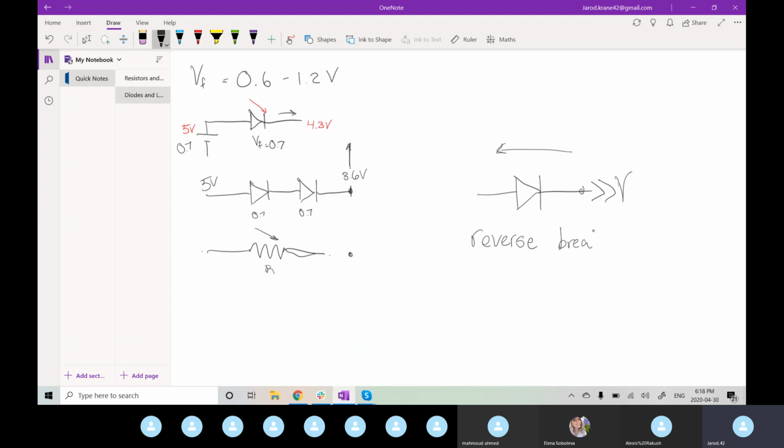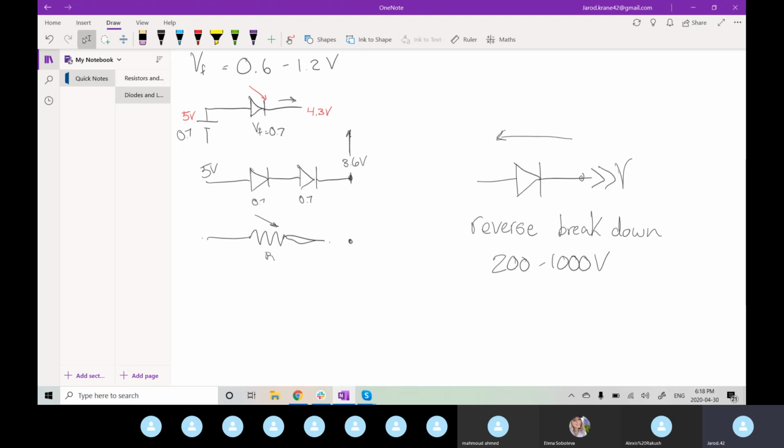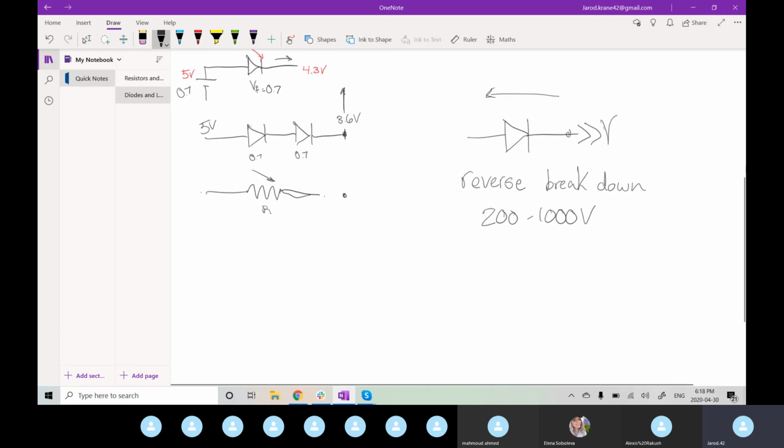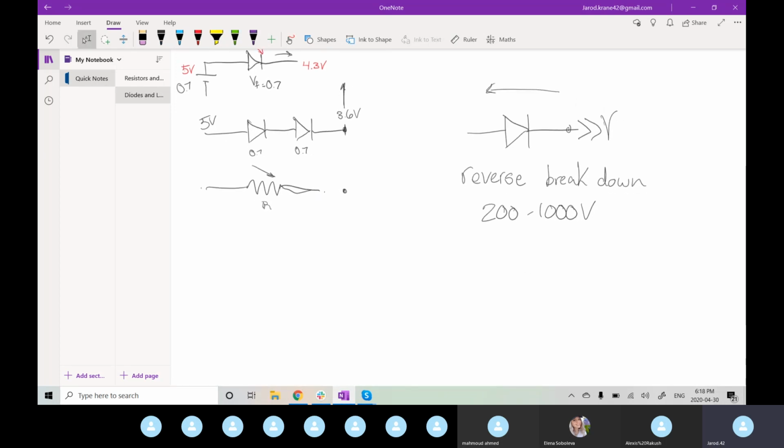This value on the general purpose diodes is typically a few hundred to 1,000 volts. They can range on massive values, and they're not overly predictable. So they're not designed in any way to work in the reverse breakdown region, unlike some of the other diodes we'll touch on.